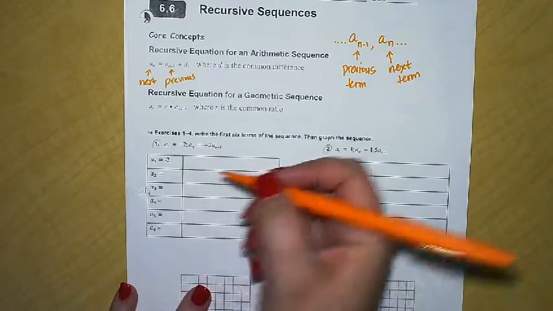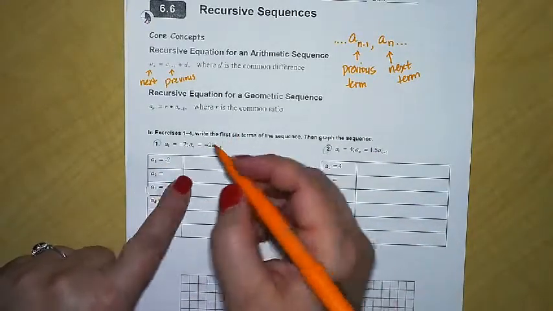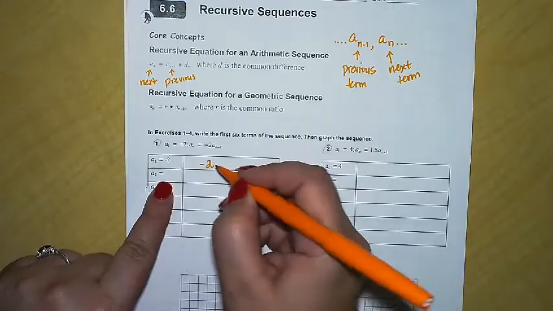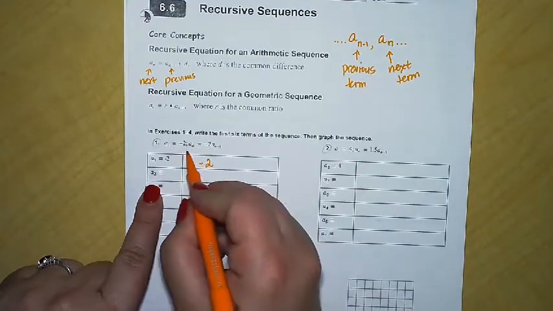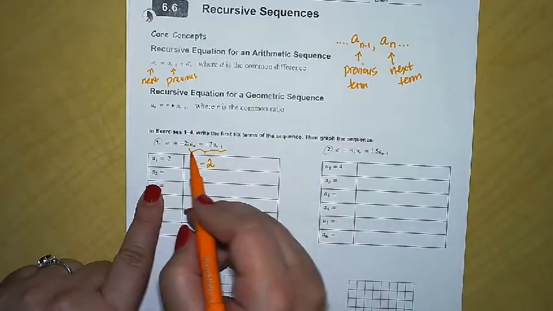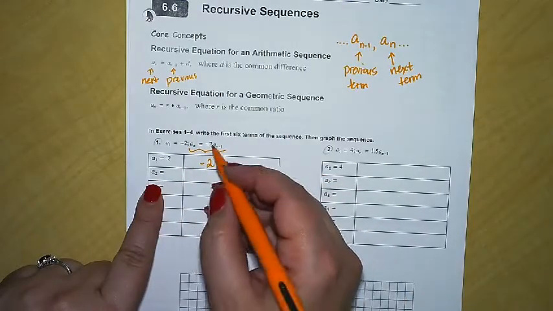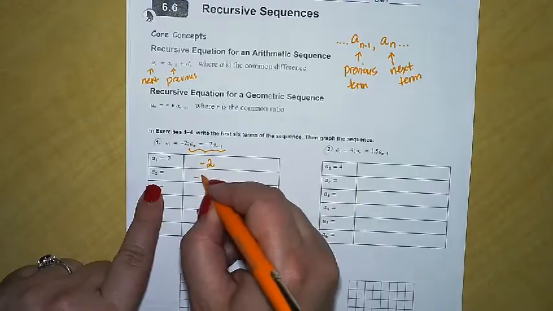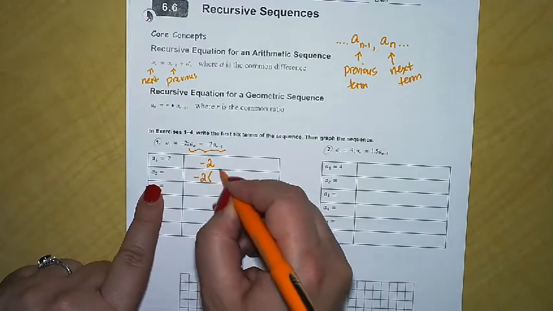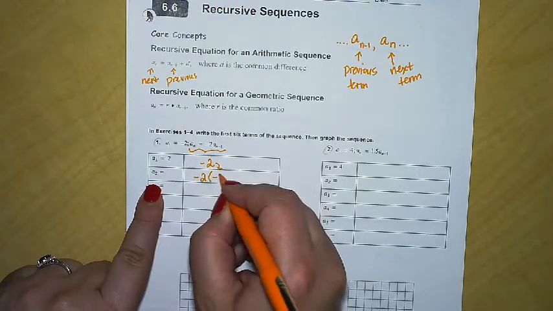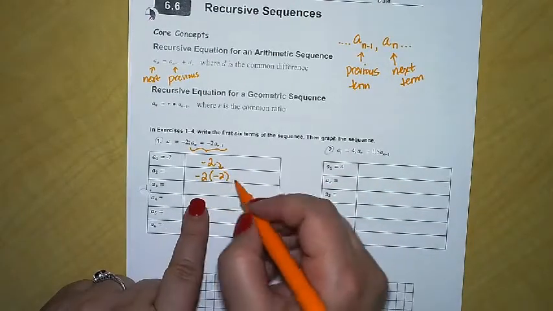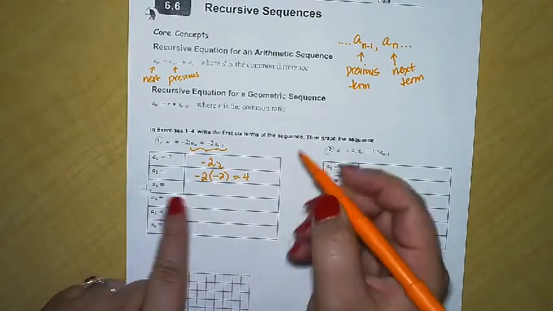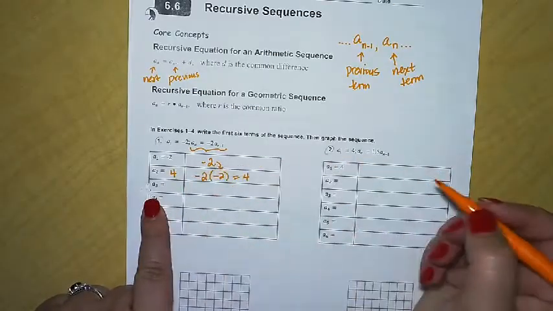What that means is that if I started at negative 2, so a sub 1 is negative 2, then the next term in the sequence is simply going to be negative 2 times the term right before it. That's the pattern, and that would give me 4, so the next term would be 4.